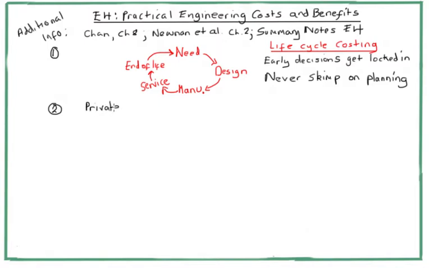Private costs and benefits are those that are borne by individuals. So when you are thinking about whether to buy a product, or a business is thinking about how to produce a product, they think about the costs and benefits that directly are paid out of pocket, or the opportunity cost of their own resources. So these are incurred by the parties to the transaction.